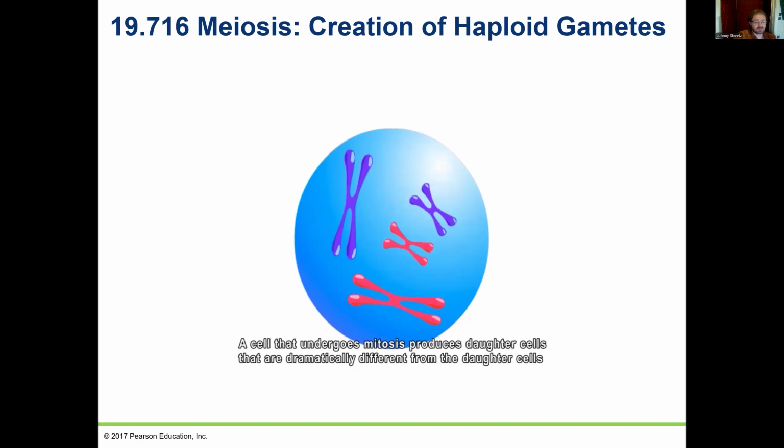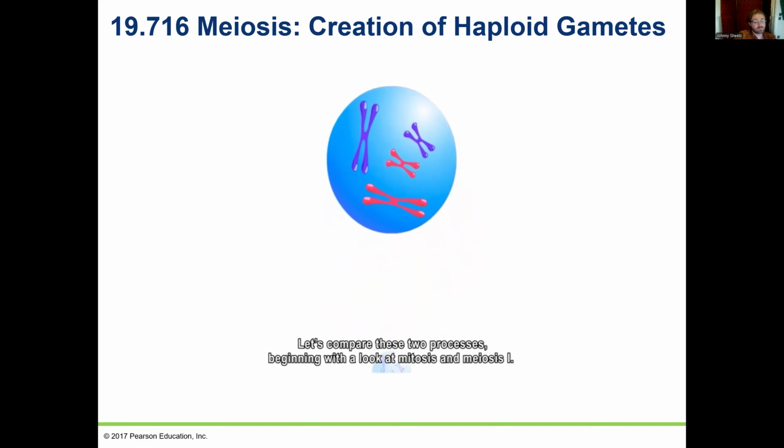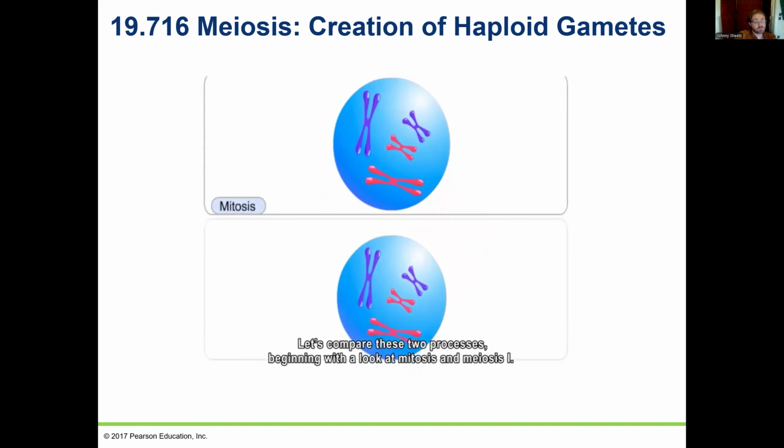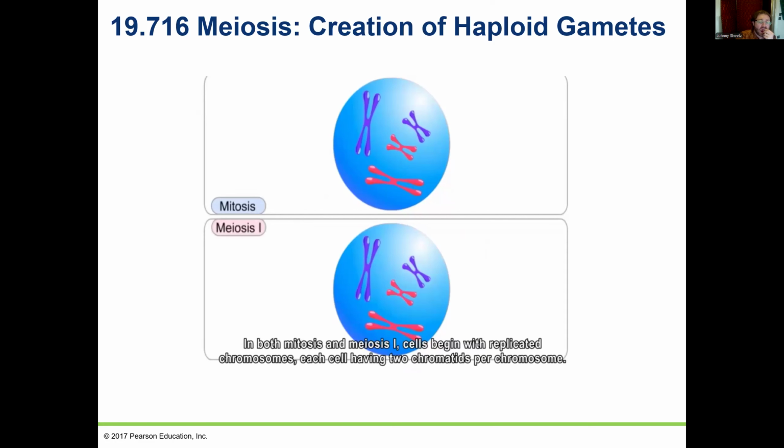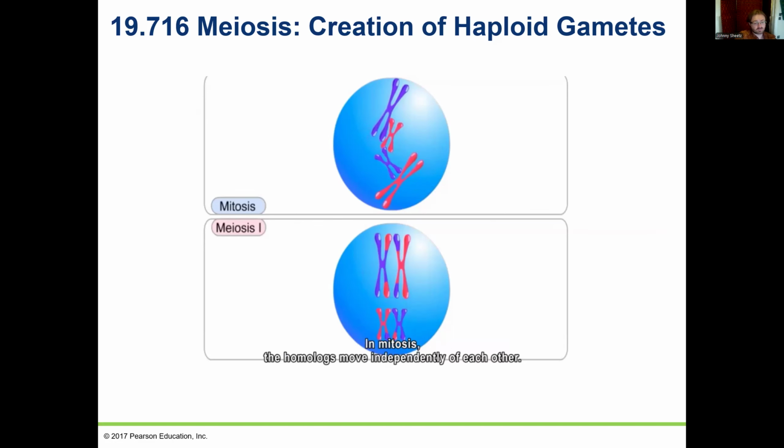A cell that undergoes mitosis produces daughter cells that are dramatically different from the daughter cells produced by a cell that undergoes meiosis. Let's compare these two processes, beginning with a look at mitosis and meiosis 1. In both mitosis and meiosis 1, cells begin with replicated chromosomes, each cell having two chromatids per chromosome. In meiosis 1, the homologous chromosomes pair with each other and come to the middle of the cell together. In mitosis, the homologs move independently of each other.